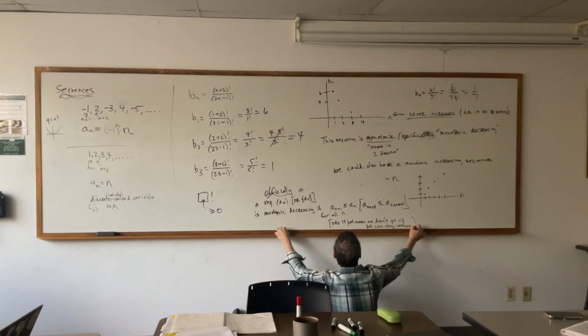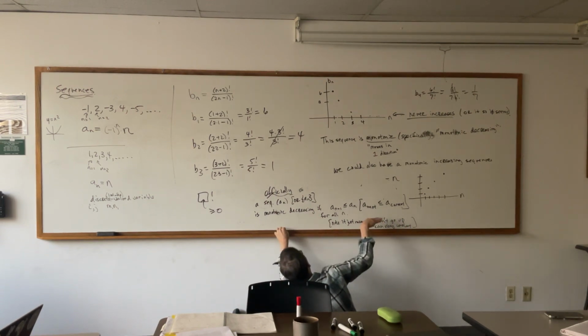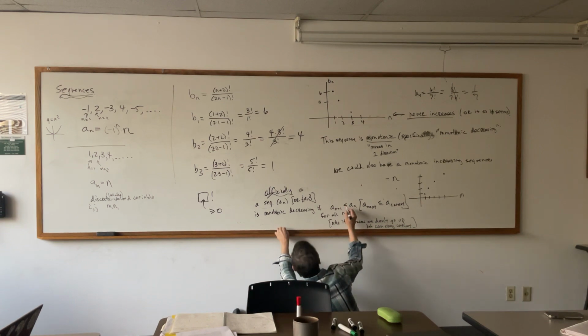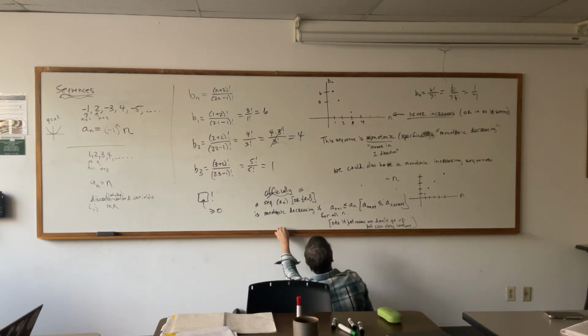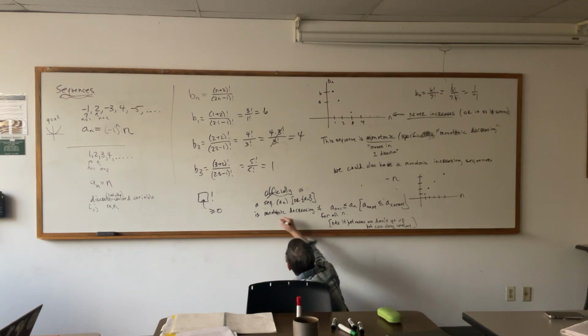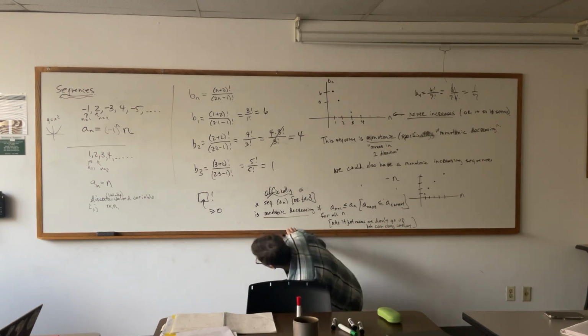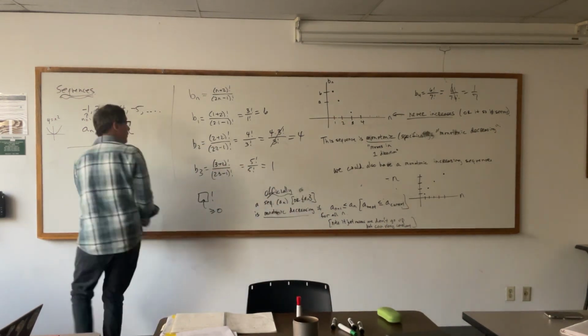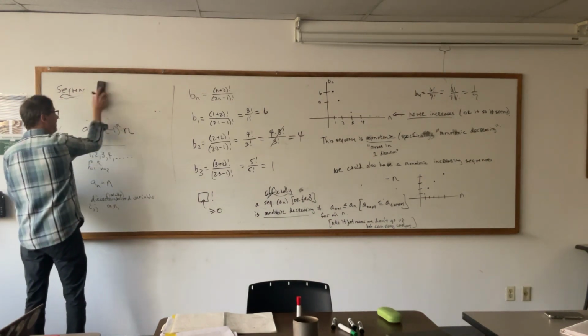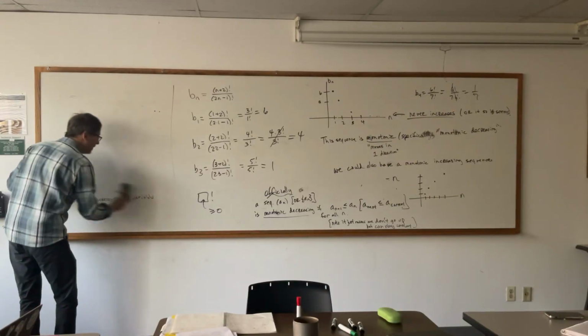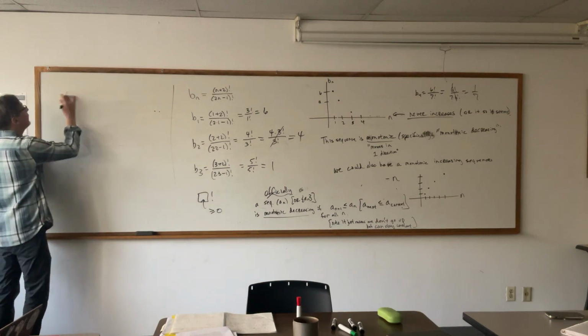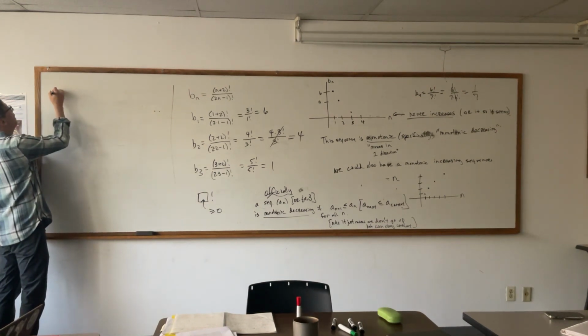If I wanted to say that it never is constant and always goes up, that's strictly monotonically increasing. So that's monotonic decreasing if we go down, and you can imagine what increasing is, I think. Can you write the definition of this out for me really quick, please? So, finish this up.